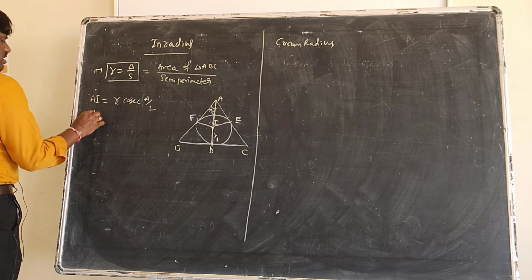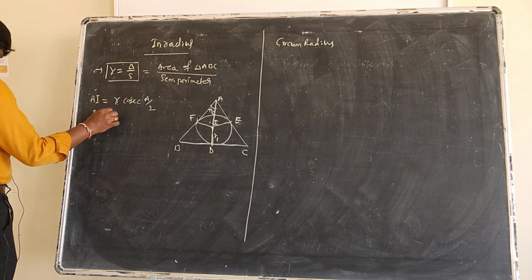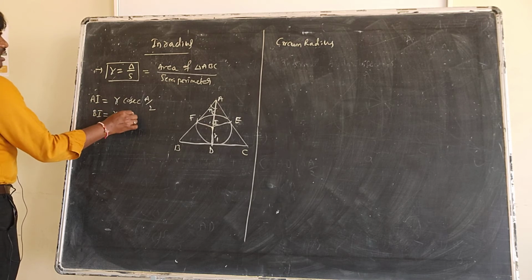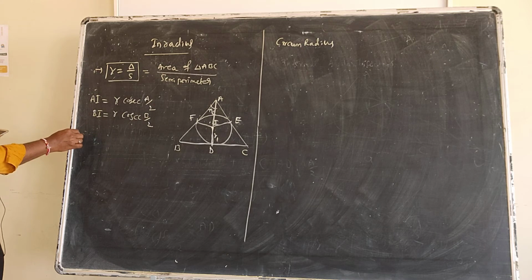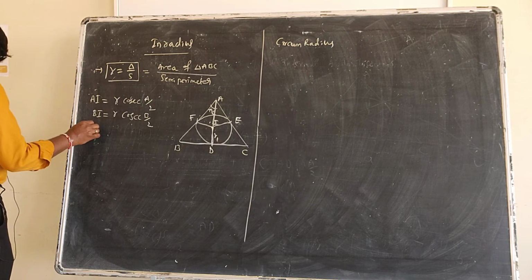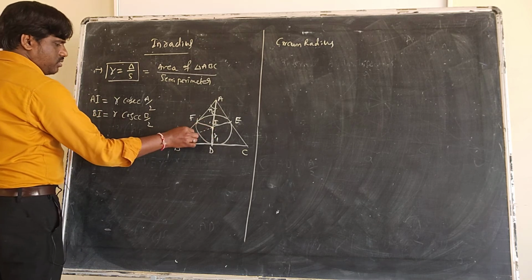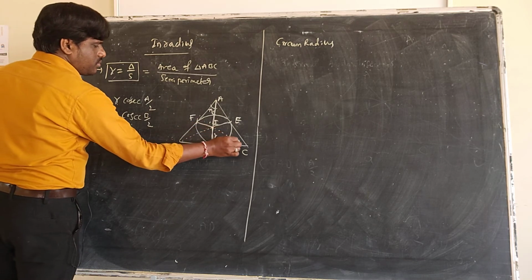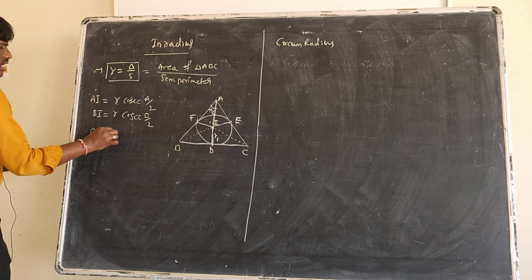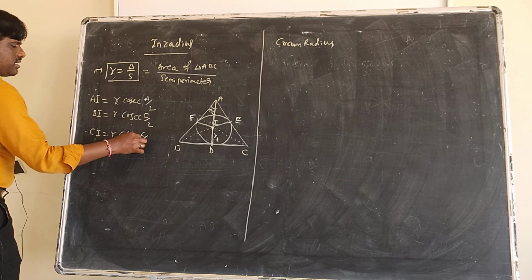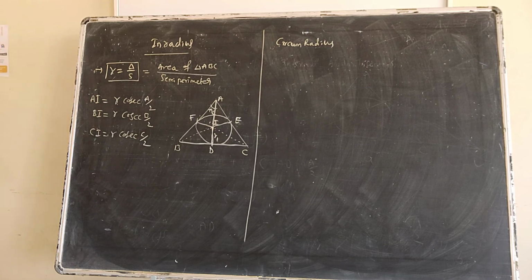Similarly BI is R cosec B by 2, and CI is R cosec C by 2. So this is about the inradius.